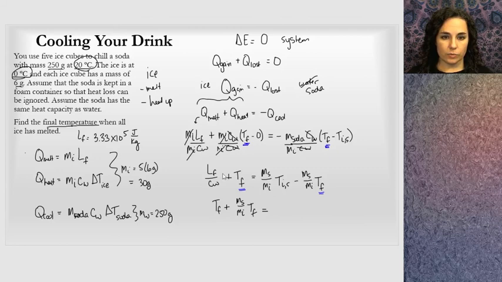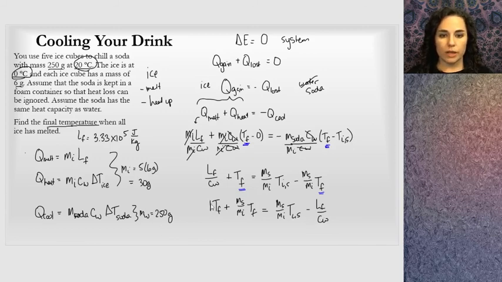That has to equal mass of the soda over mass of the ice times the initial temperature of the soda minus LF over CW. So this is the latent heat of fusion over the specific heat of water.